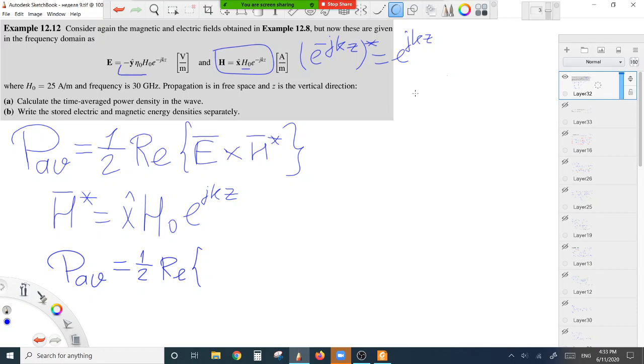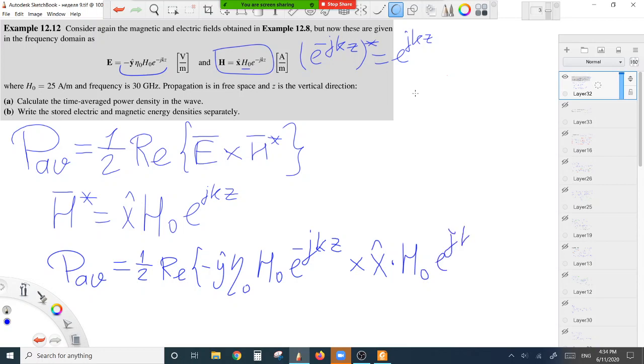Here E is equal to this, we write minus y eta 0 H0 e to the power of minus j kz cross H complex conjugate, which we have found is x multiplied by H0 e to the power of j kz.